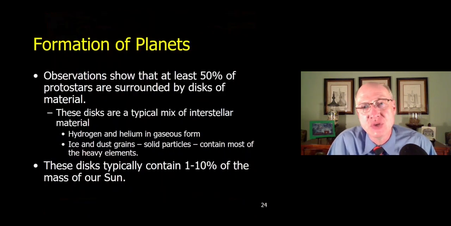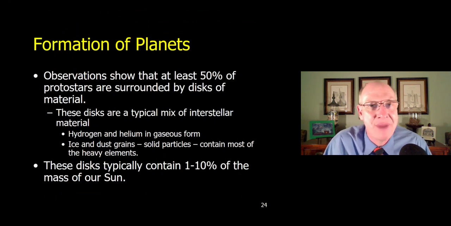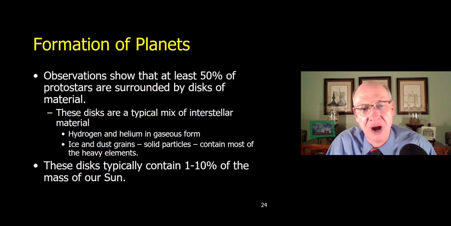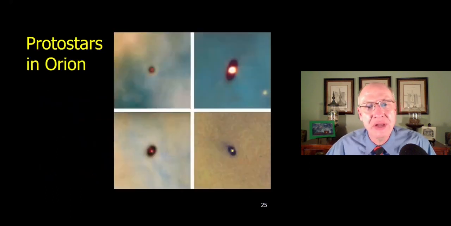Now, with the Hubble Space Telescope, we can photograph some of these newborn stars, especially the ones that are on the near side of the cloud so that there's not much dust blocking our view of them. And what observations with the Hubble Space Telescope have shown is that about half of all these newborn stars are surrounded by disks of material. So if we look at some of them, here are pictures of 4 of these newborn stars taken with the Hubble Space Telescope.